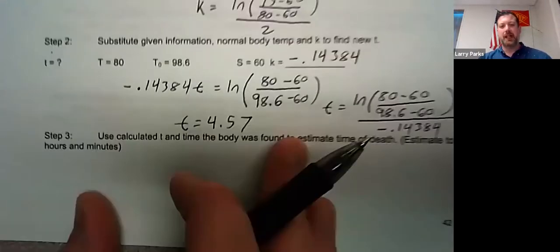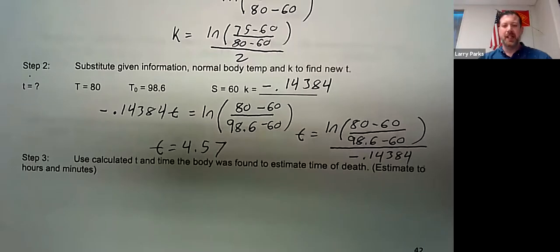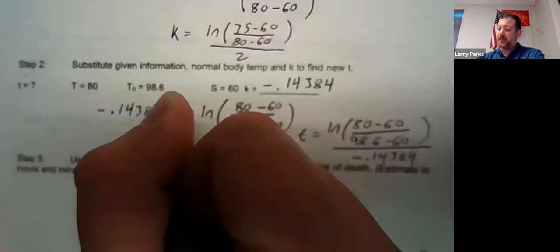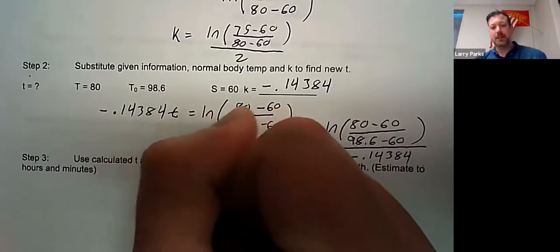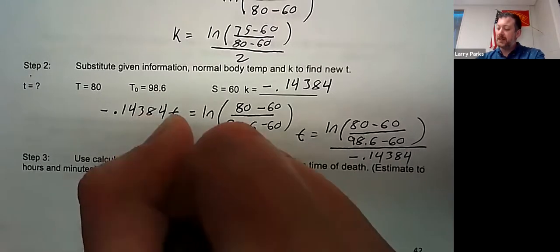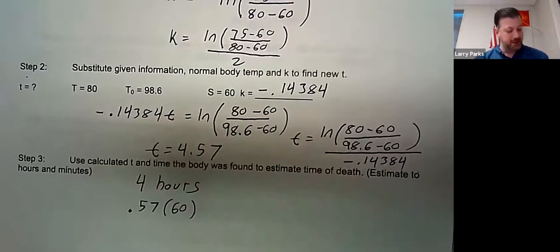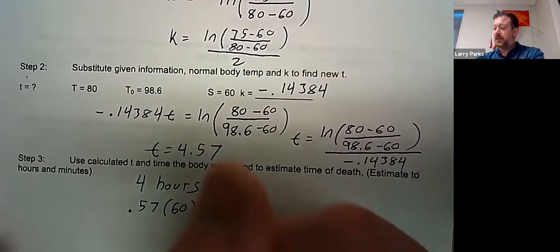So 4.57. You can't have 4.57 of an hour. So we know this is 4 hours for sure, 4 hours ago. And then if you take 0.57 times 60, that's how many minutes. That's 34-ish minutes.